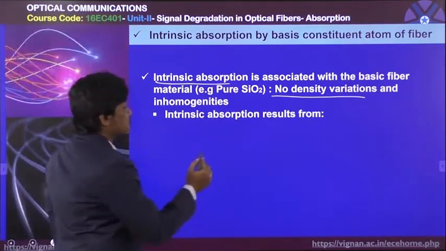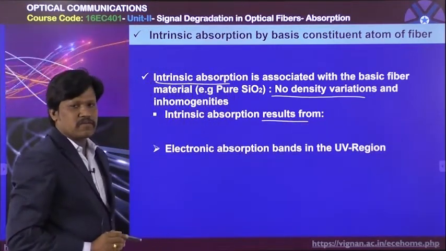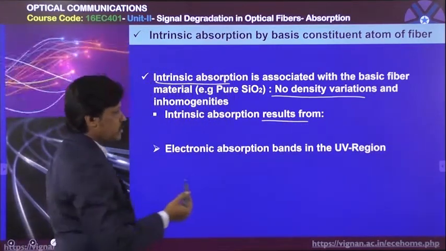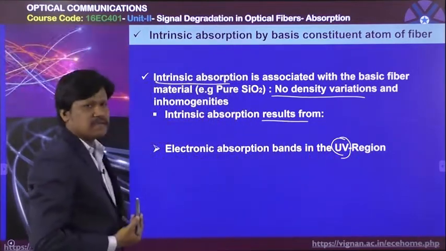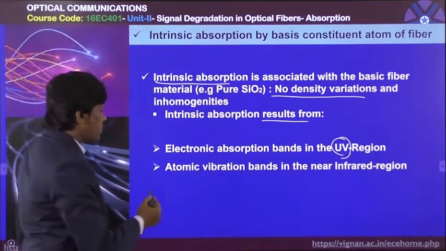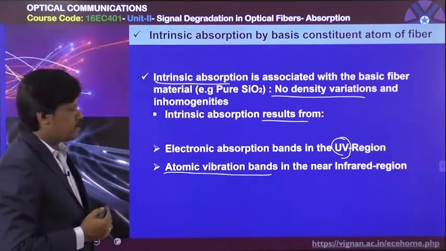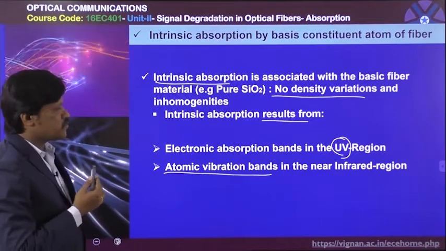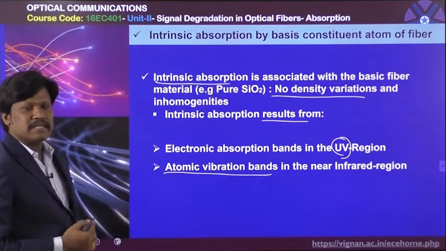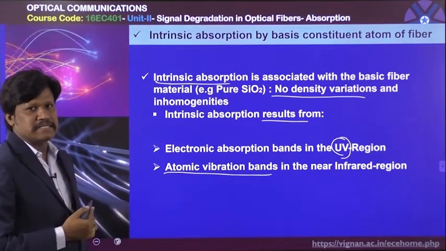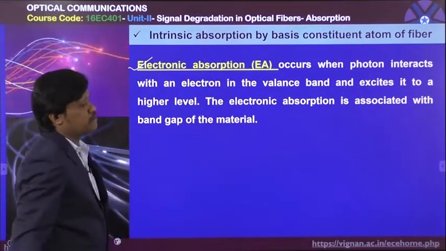This absorption mainly results from electronic absorption bands in the UV region and atomic vibration bands in the near infrared region. Now we will see what an electronic absorption band is.